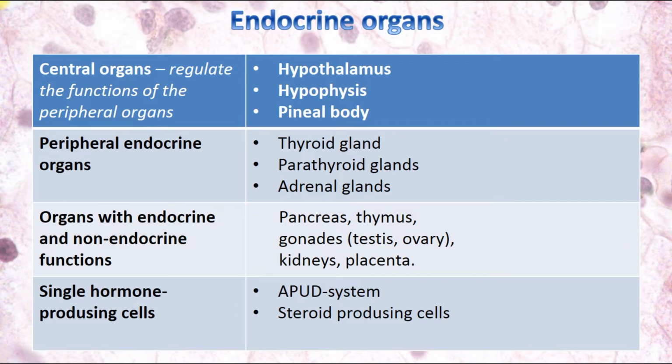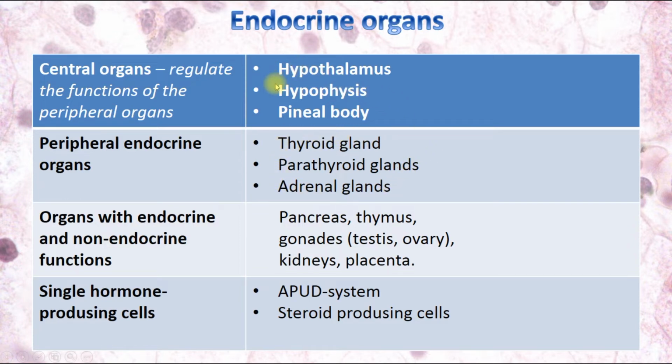They are organs of the urinary system, but they also have endocrine function. And the placenta provides communication between embryo and mother. It provides nutrition of the embryo, but it also has the ability to produce some hormones. We'll discuss those organs in the following topics when we study their non-endocrine function. Today we will focus on clearly endocrine organs, peripheral and central.